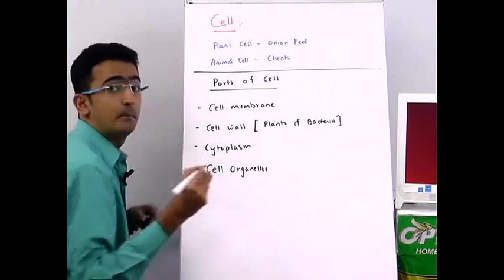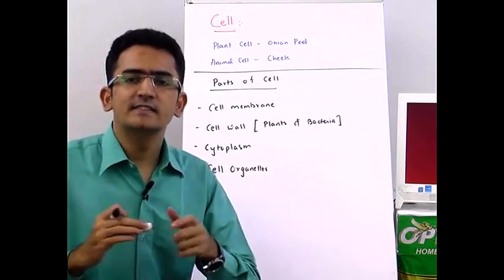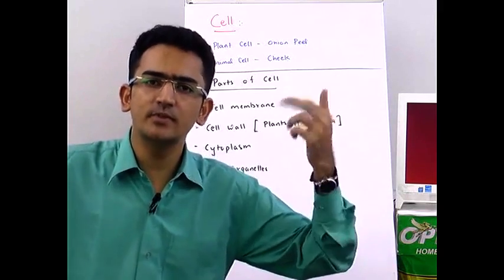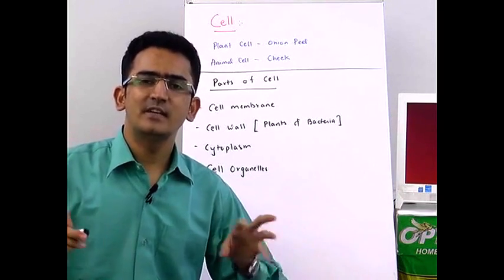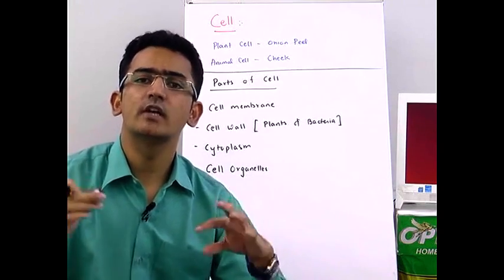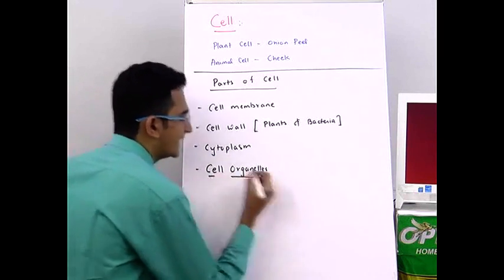These are the small structures inside the cell, and they are called as, just how our hands, legs, head, eyes, nose are called as organs of the body. Nucleus, mitochondria, Golgi apparatus, endoplasmic reticulum, lysosomes, vacuoles, these terms you've heard before, these are the organs of the cell. So therefore they get the name cell organelles.